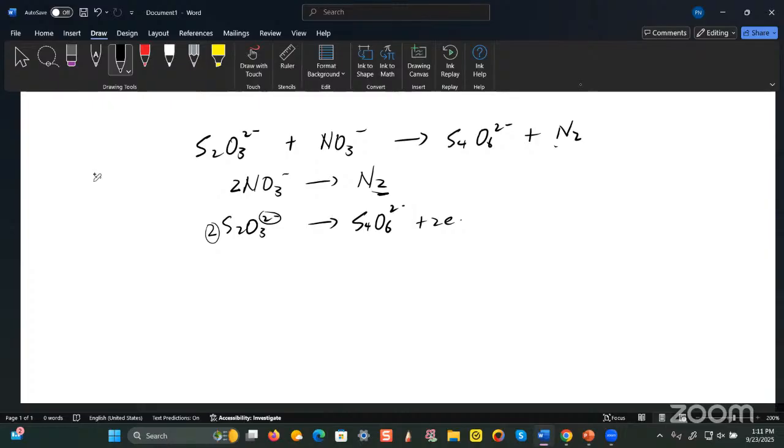You would add 6 water molecules to the N2. And then you would add 12 H+ to the, well, H+, and then 2 NO3-. That makes a charge of 10.